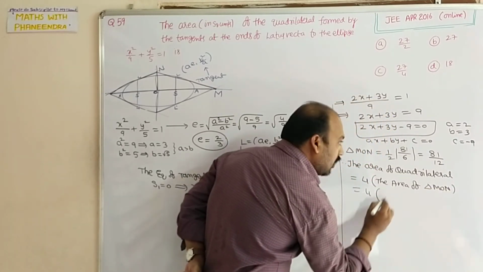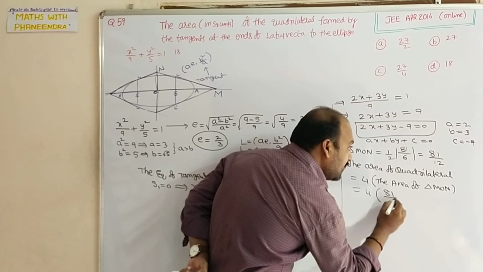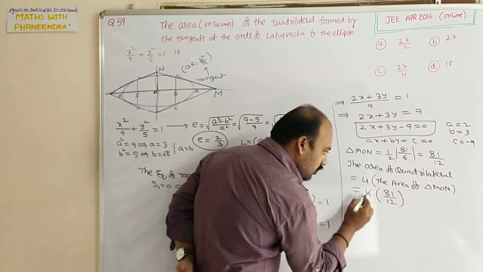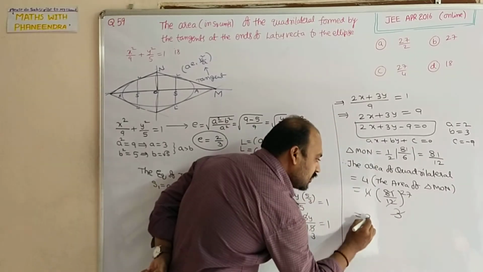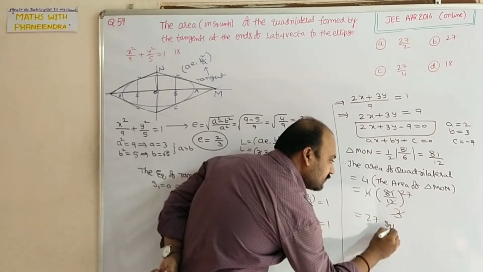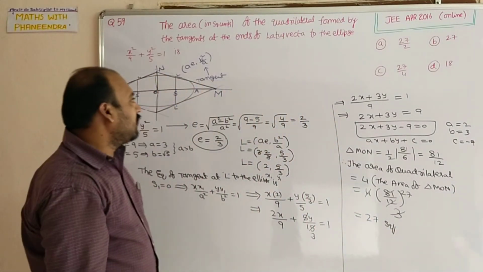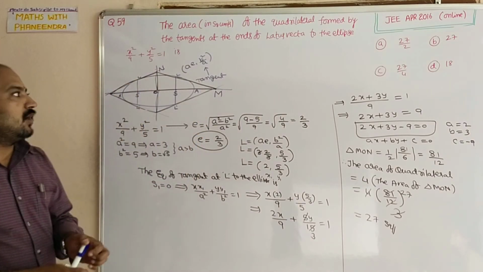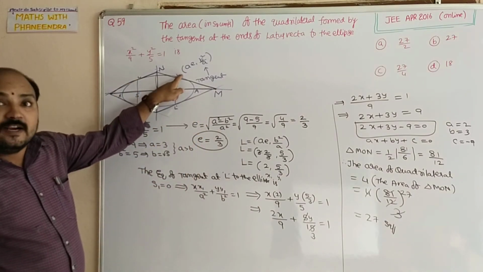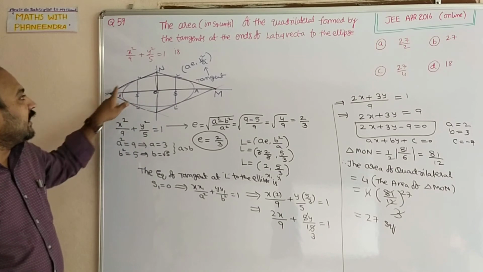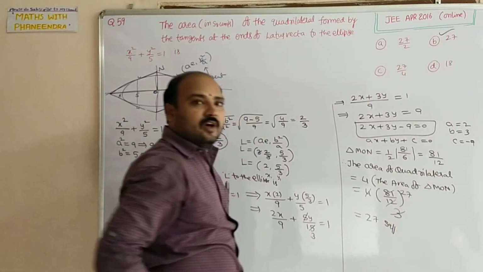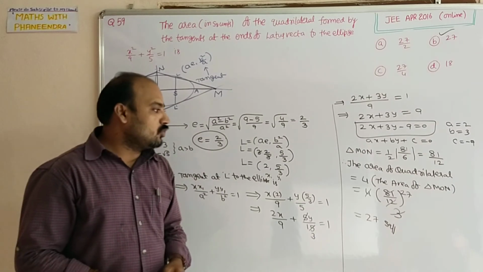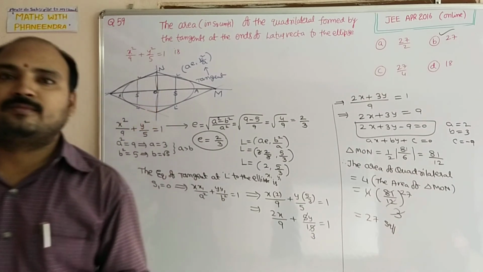So 4 times 81 divided by 12: 4 ones are 4, 3 threes are 3, 27. So 27 square units. So the area of the quadrilateral formed by the tangents at the ends of the latus rectum is 27 square units, which is there in the second option. We will go to the next question.